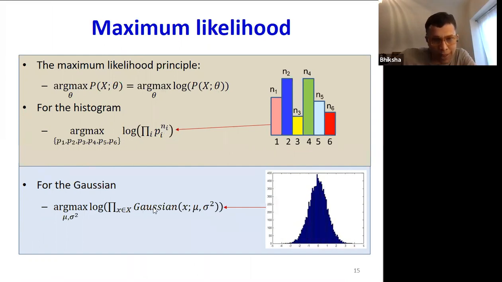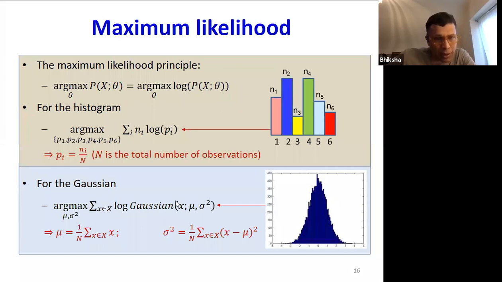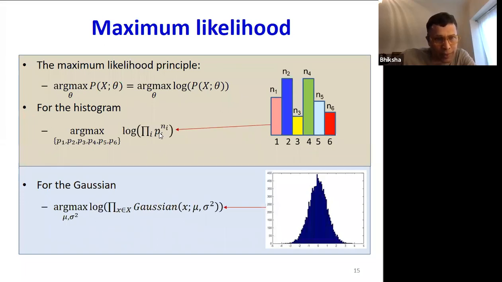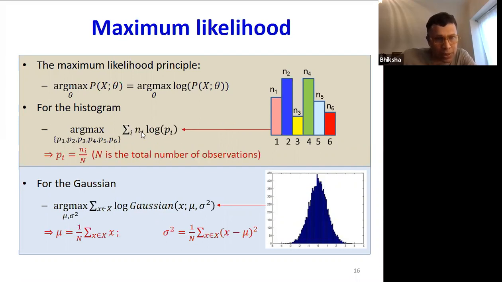Similarly, the probability of any individual observation here is simply going to be the Gaussian computed at that value x. And so I can actually expand out the log. When I take a log of a product, this becomes the sum of logs in both cases. And so this is going to be the sum over all possible outcomes of the number of times the outcome was seen times the log of the probability of the outcome itself.